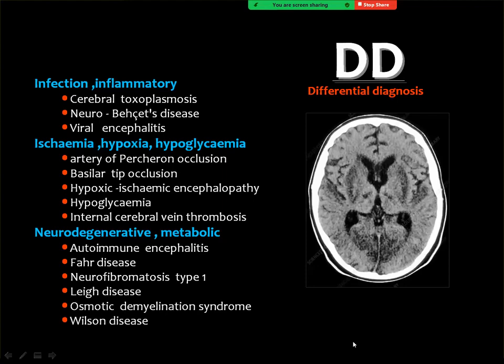Then what is the differential diagnosis of basal ganglia abnormality?